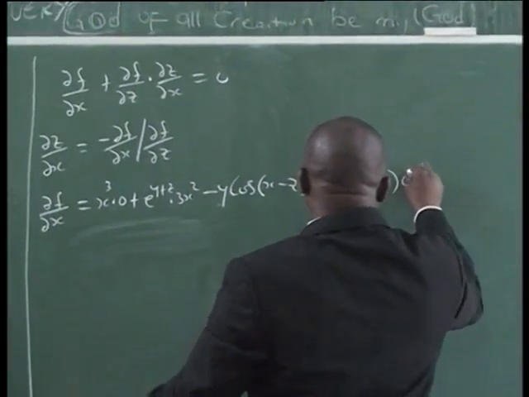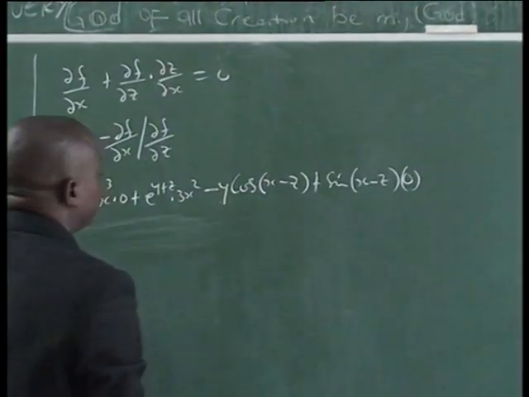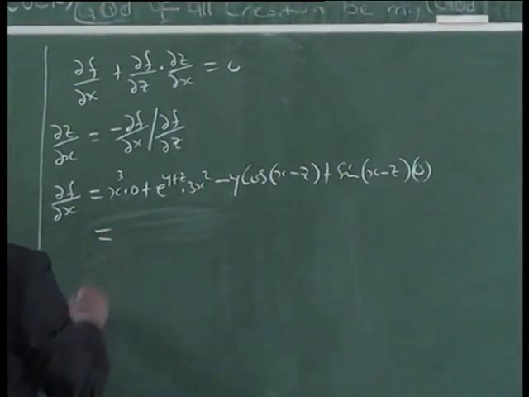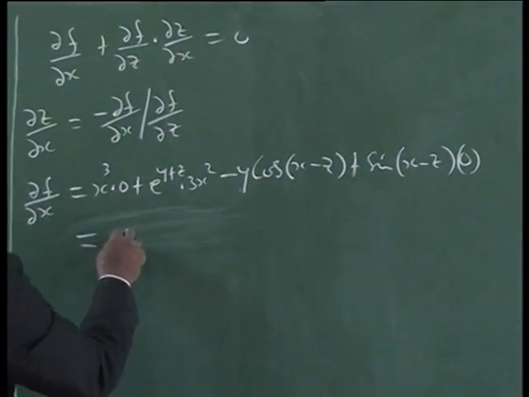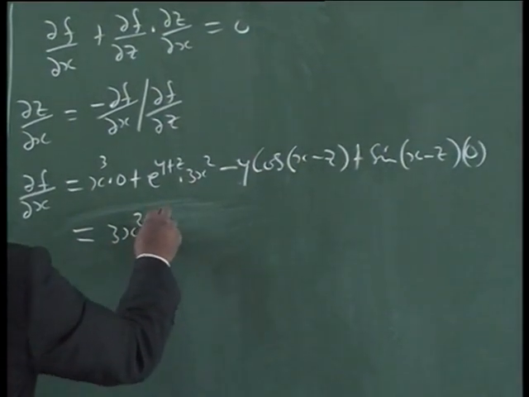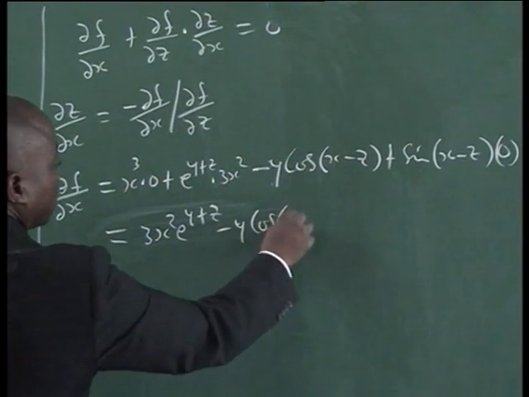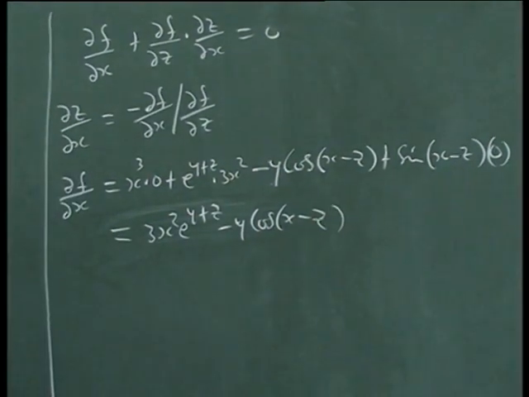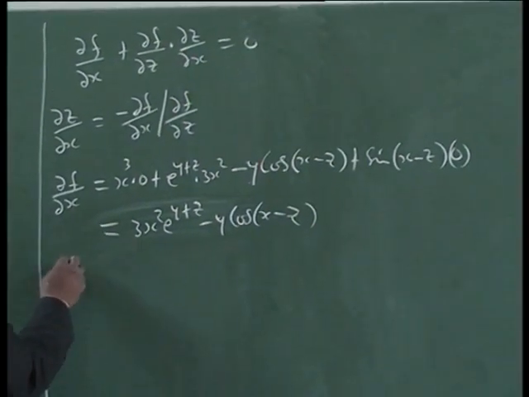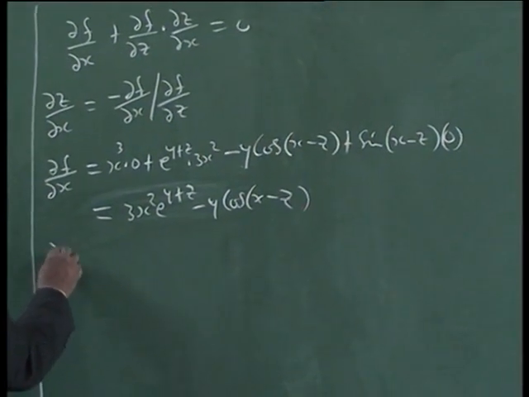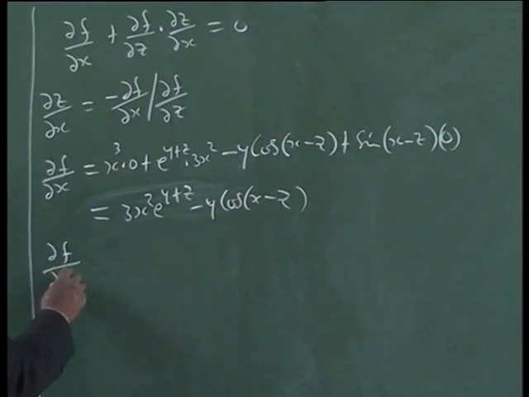If I differentiate this with respect to x, I have 0. So what I have there for partial f/partial x becomes 3x squared exponential y plus z minus y cos(x minus z).